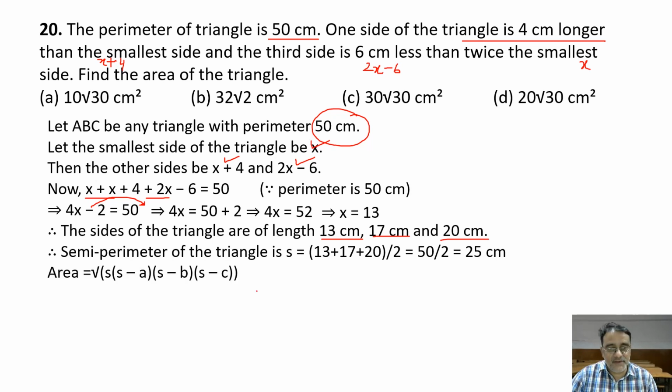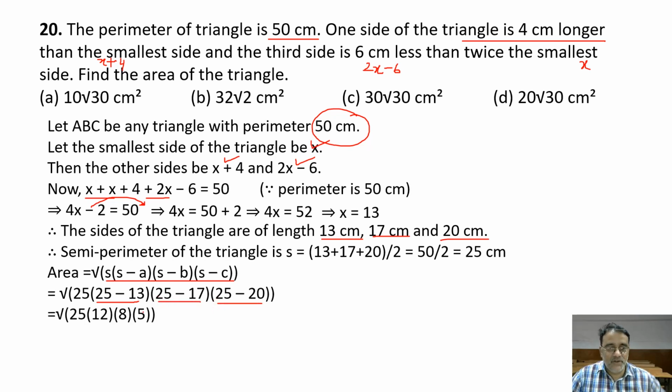Now write the Heron's formula, substitute all the values. Now 25 into 12 into 8 into 5. Okay, so 25 we can write 5 into 5, 12 we can write 3 into 4 and 8 we can write 4 into 2 and 5. सो 5 भी पेयर में है और 4 भी पेयर में है, बाकी सारे नंबर्स पेयर में नहीं है.